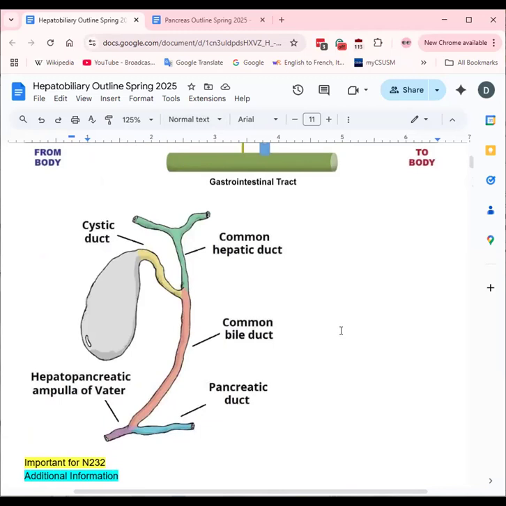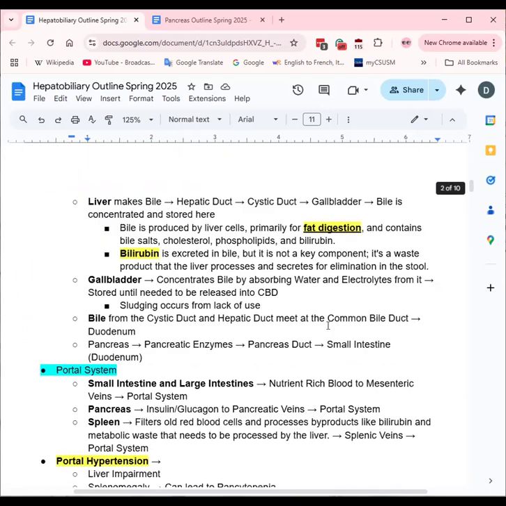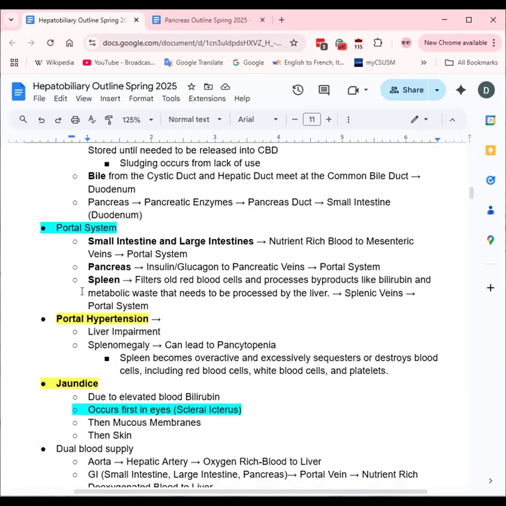And also, your spleen is one of the main organs that helps break down old red blood cells and provide the bilirubin, a waste product that your liver then uses to make bile. So the spleen is involved in some way with this whole system. When you have portal hypertension, not only can you have liver impairment, you can also have splenomegaly.